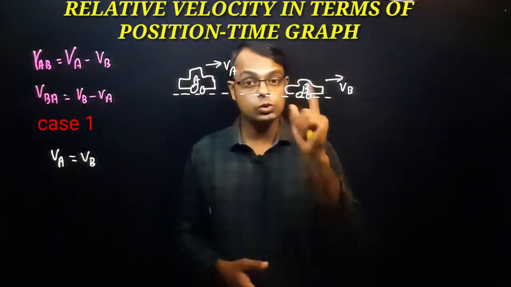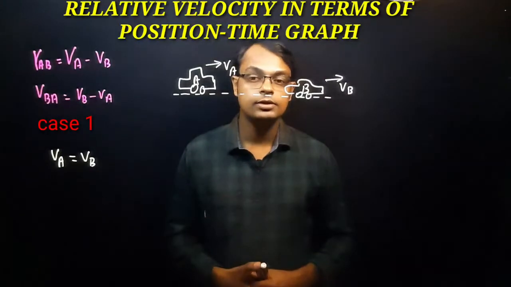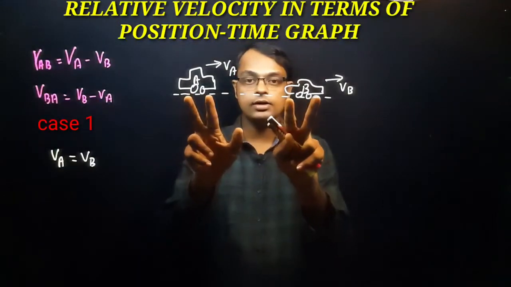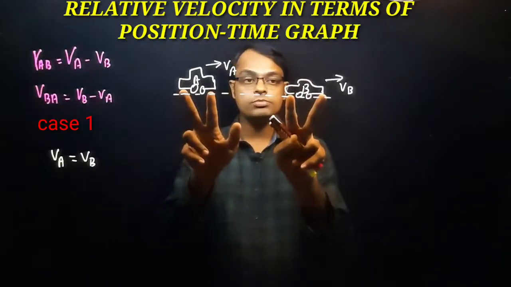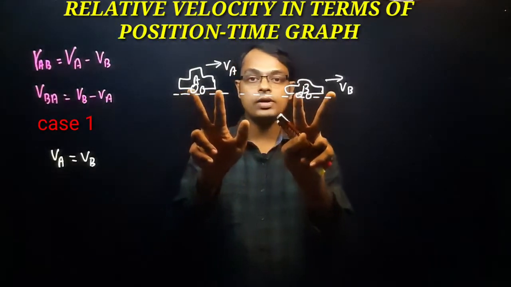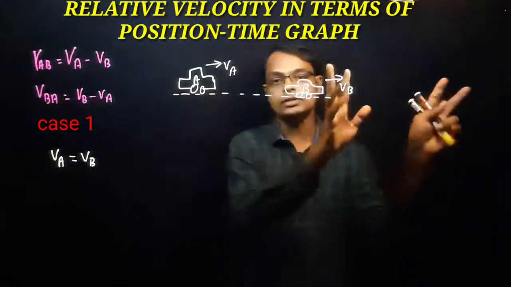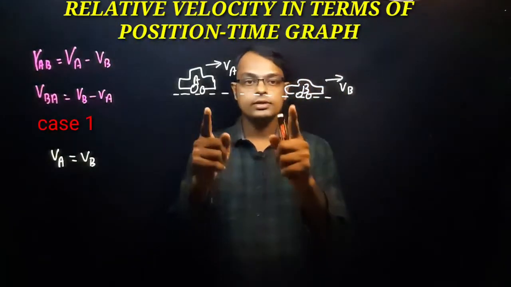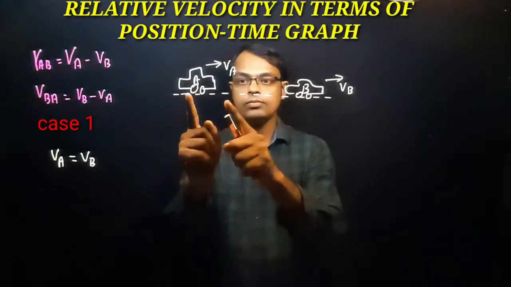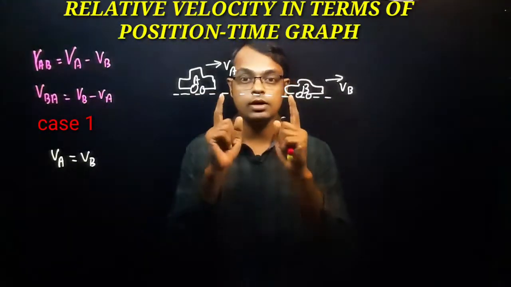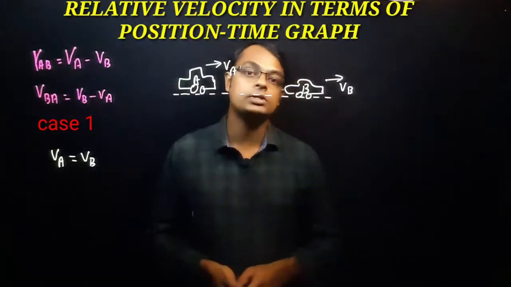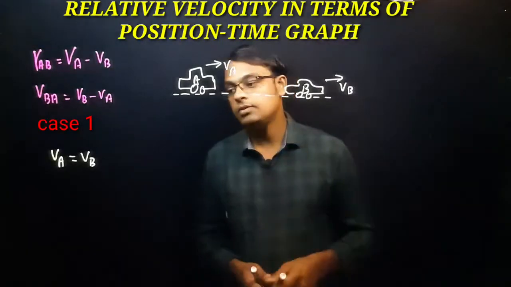This object is also traveling with 10 meter per second. So what will happen when they are traveling in the same direction, in one-dimensional motion? The distance between these two cars will never change. Why? The displacement between car A and car B will never change because they are moving with the same velocity.